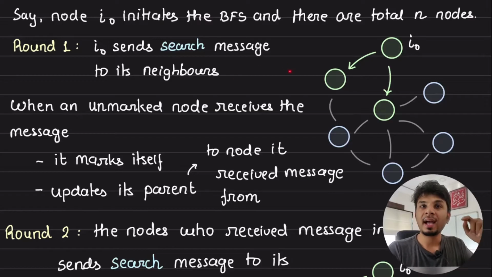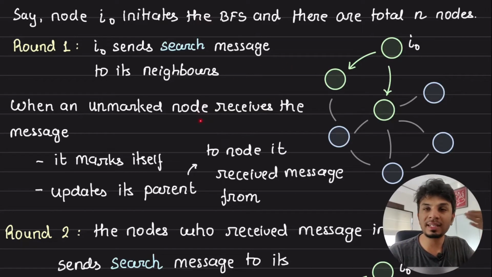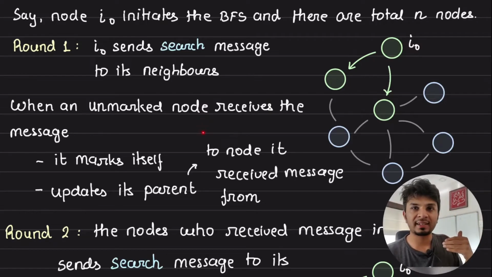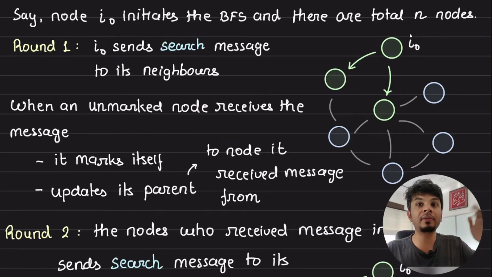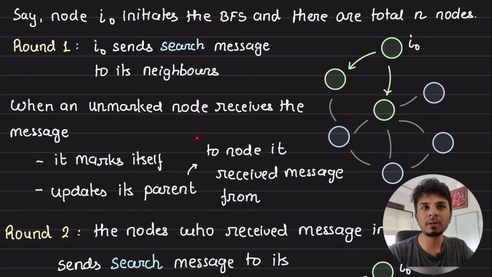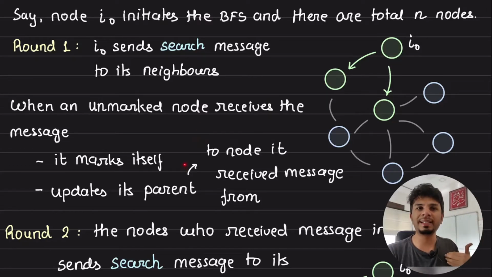So when a node receives a message, it first checks: hey, am I marked? Like, did I receive a search message from someone else before? If I haven't, which means I am an unmarked node, then I will first mark myself, that, hey, I received something, now I am part of the spanning tree, right?